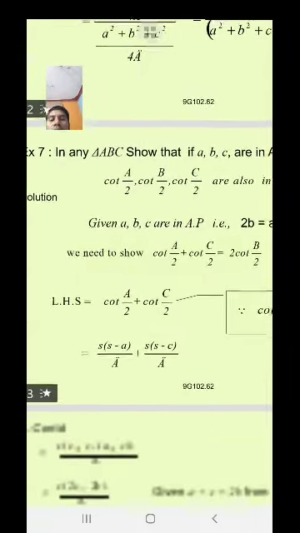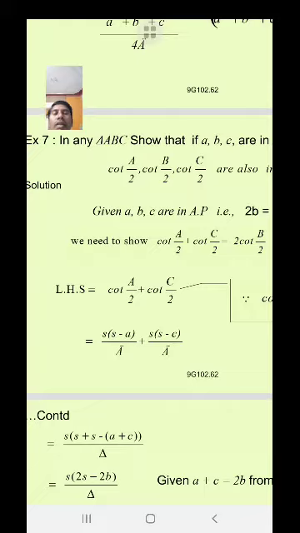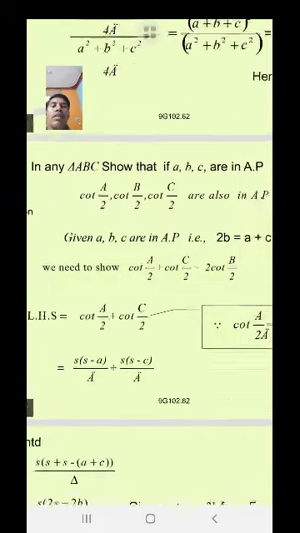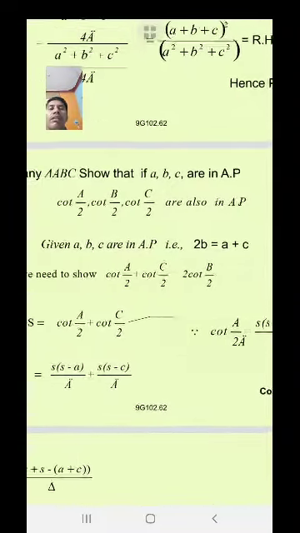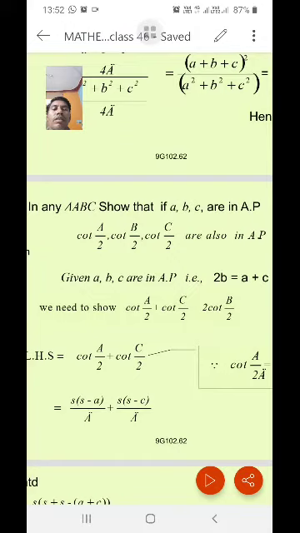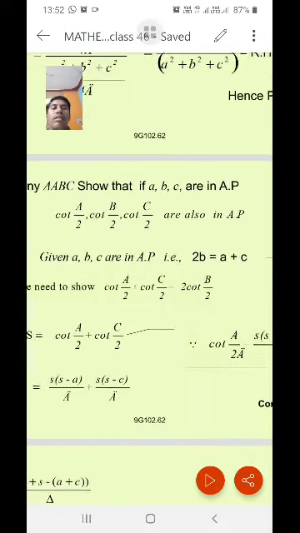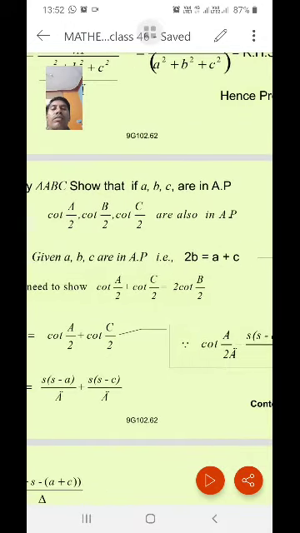Next question, number 7. In any triangle ABC, show that if A, B, C are in AP, then cot A/2, cot B/2, cot C/2 are also in AP.